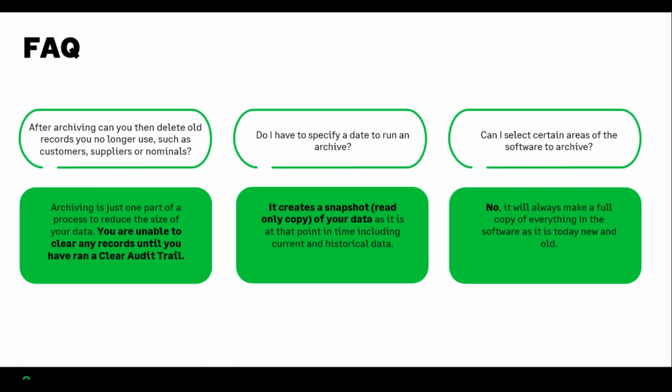Third, can I select certain areas of the software to archive? No. It'll always make a full copy of everything in the software as it is. That's exactly what it does. So for example, another common one is, will I be able to access bank feeds in that area in time? No, because that's live and it's connected to your Sage 50 if you use it. So when you reload your archive, you won't be able to access or process with bank feeds.